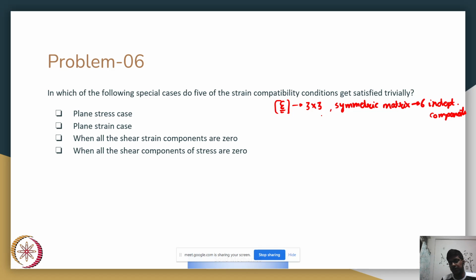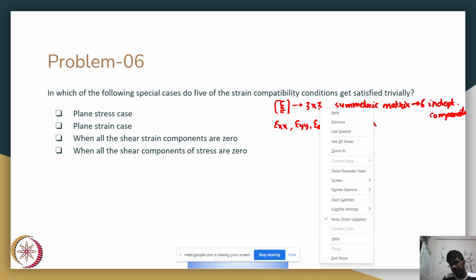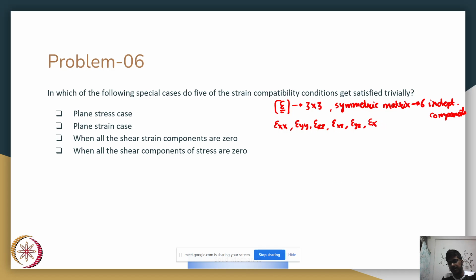Now, what you could do in theory is take some 6 independent functions corresponding to epsilon xx, epsilon yy, epsilon zz, epsilon xy, epsilon xz, and epsilon yz.